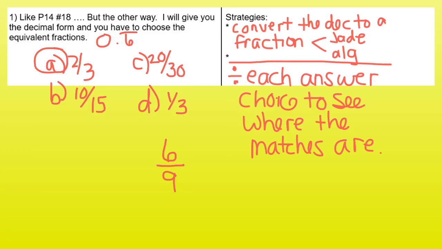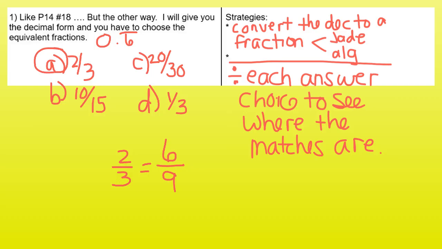Now if I'm going too fast, you always can pause me so that you can catch up. I know that 2/3 is the correct answer according to Jade's pattern. When I simplify, I get 2/3.